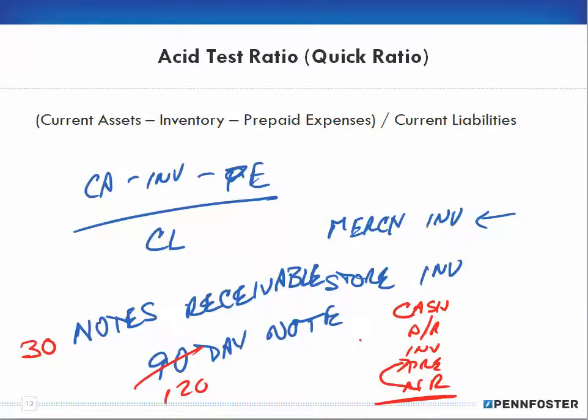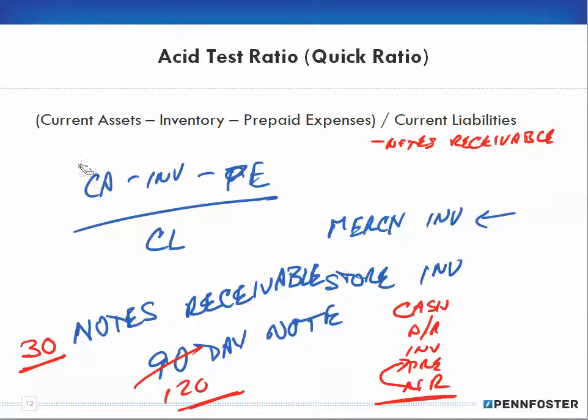Okay, well, now that would be included in your asset test ratio, okay, because it's such a short term. But if it was 120 days, then instead of just having inventory and prepaid expenses, you would also have a minus notes receivable, right?